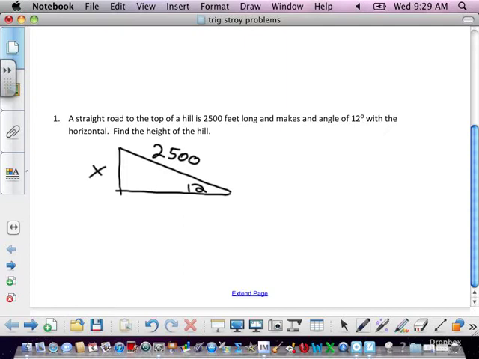How do you know when you do the setting or the elevation? All of these, I believe, are for elevation. Okay. So, what is x to 12? Good. What is 2,500 to it?